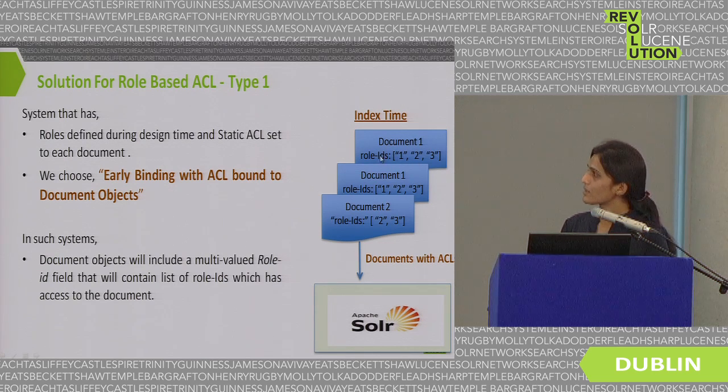This is a denormalizing concept. We add all the role IDs and index them into the Solr search engine, so the role ID becomes a multi-valued field, a list of integers.